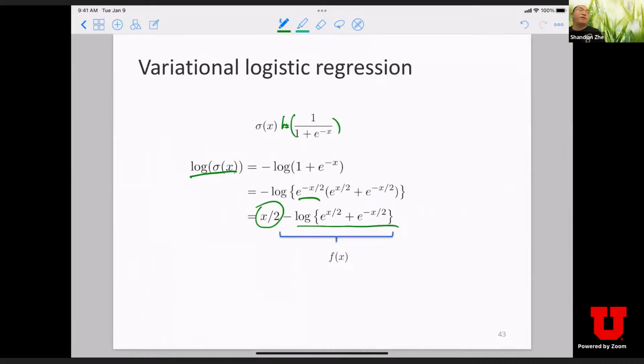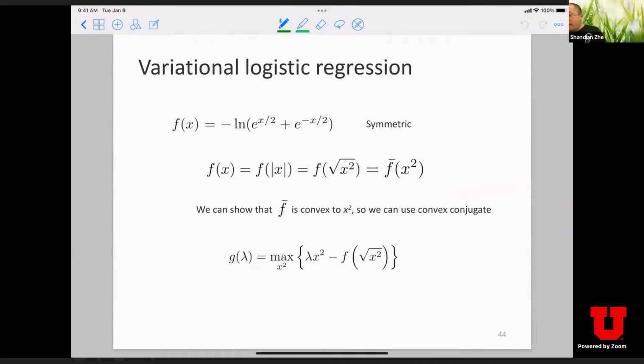The half x term is already a linear function of x, so we can just put it aside and look at f of x itself. f of x is minus the logarithm of e to the power of half x plus e to the power of minus half x, and interestingly, it's a symmetric function. f of x is equal to f of minus x.